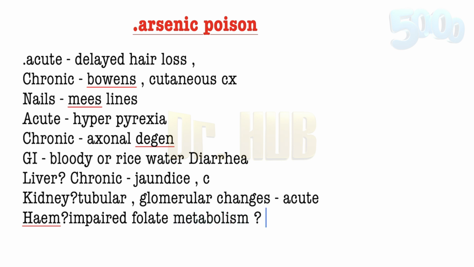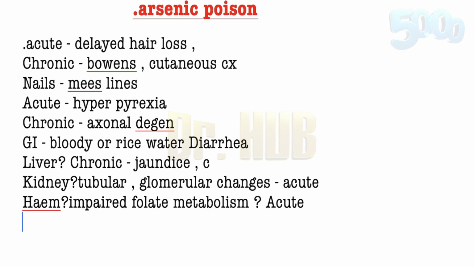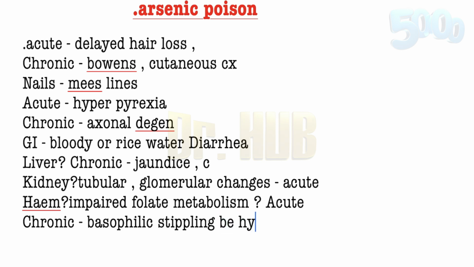Whereas in case of chronic, it is going to be the bone marrow hyperplasia, the anemia, leukopenia, basophilic stippling, as well as the karyorrhexis. This is all in case of chronic.